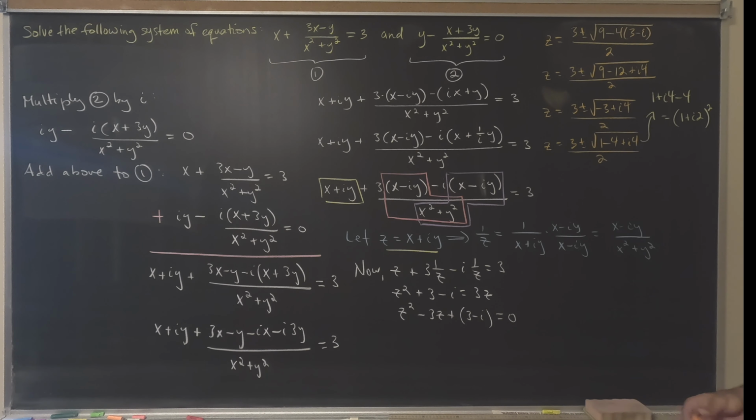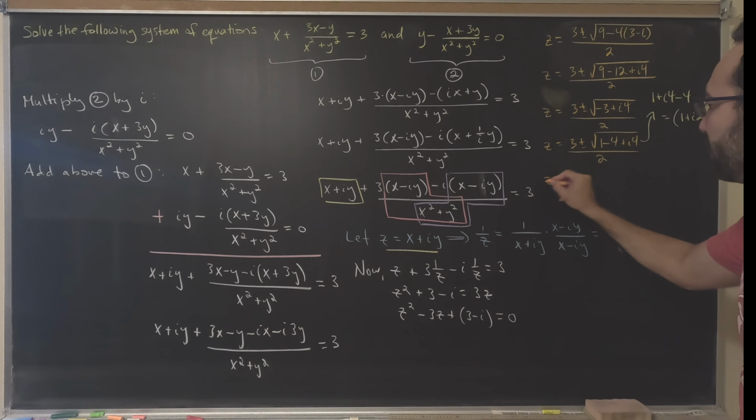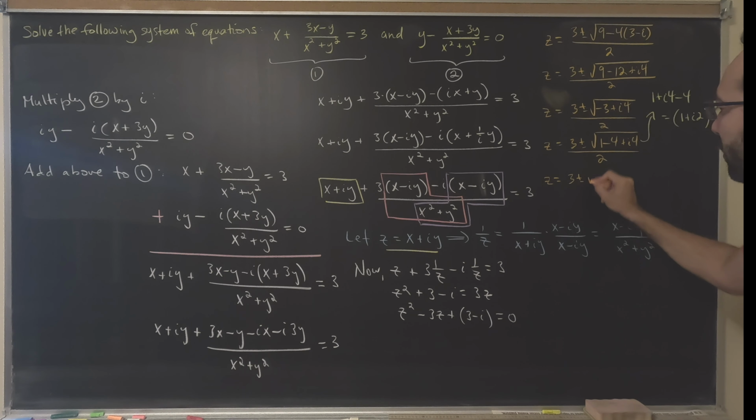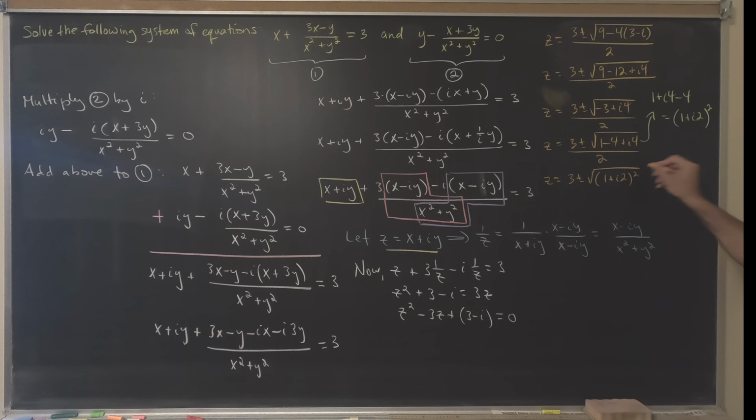So we have the square root of this perfect square trinomial, which is 1 plus 2i, and we divide this by 2. And so therefore, z is nothing more than 3 plus or minus the root of 1 plus 2i squared, which leaves us with 1 plus 2i, all divided by 2.